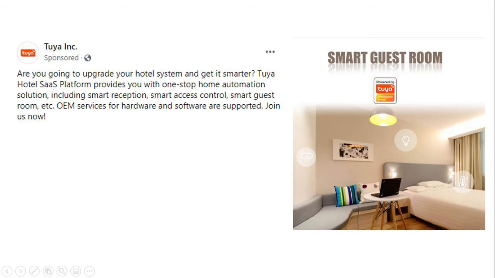Tuya Hotel SaaS platform provides you with a one-stop home automation solution, including smart reception, smart access control, smart guest room, etc. OEM service for hardware and software are supported. Join us now.